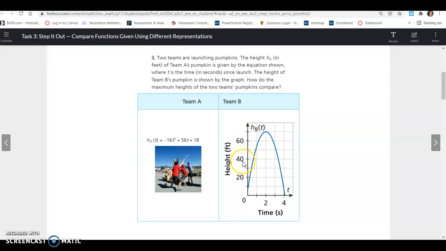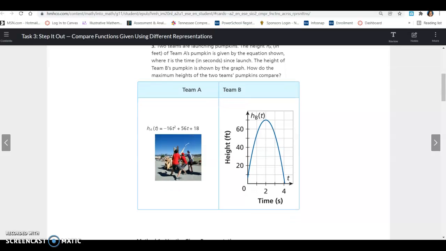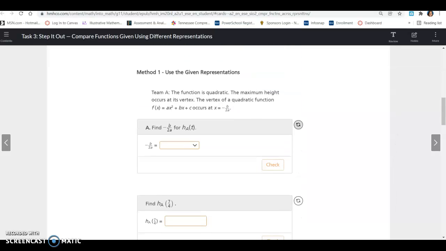So if we look at our scale, we're going to go 40 to 60, so it'd be 40, 50, 60, 70. So we can see that this is about 70, I think it's in feet. Yes, 70 feet. All right, so we're going to have to use the equation to find the vertex from this quadratic equation.